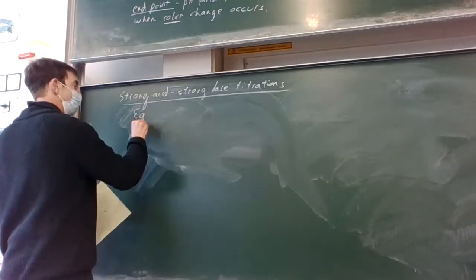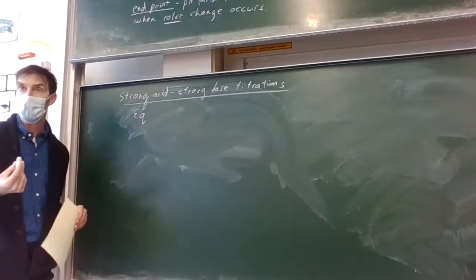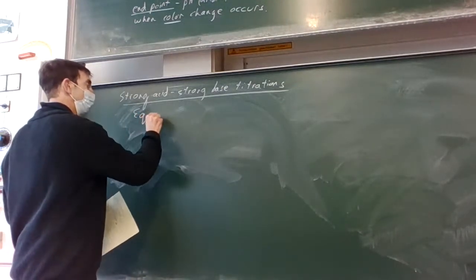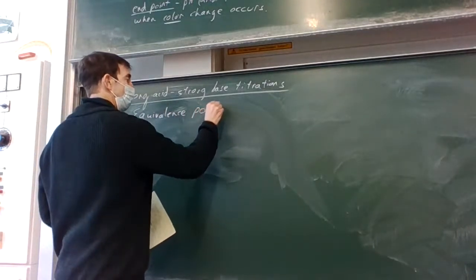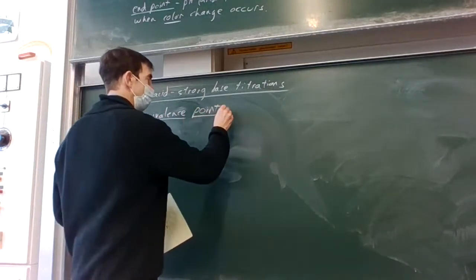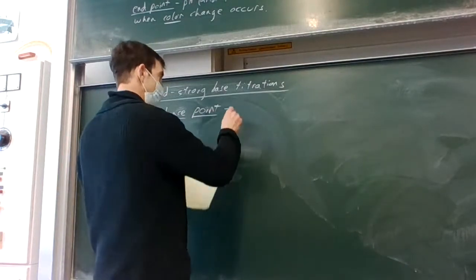We know the end point is where the color change happens. The equivalence point, we had this, but it's been a long time ago, is the point where the reaction is complete.